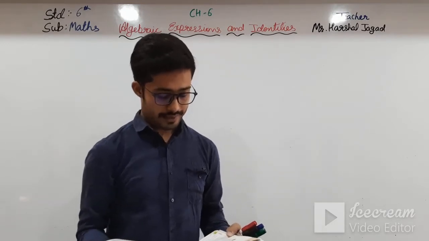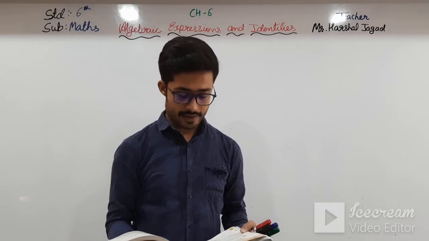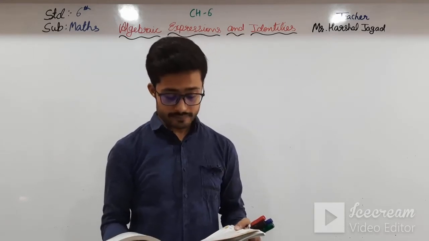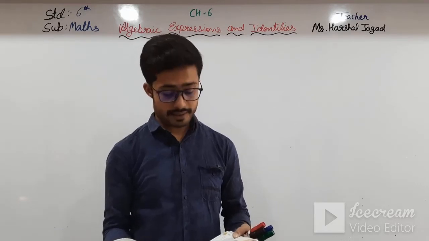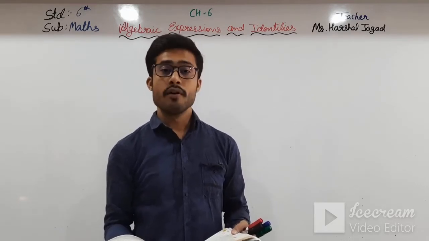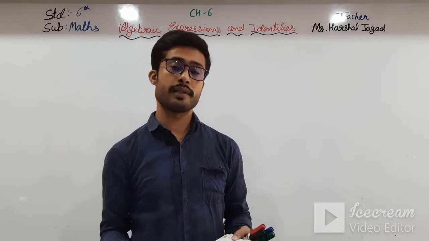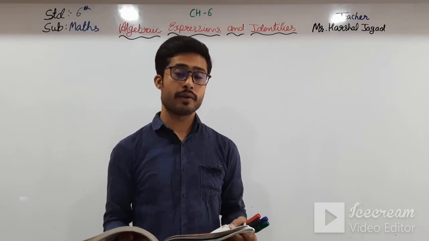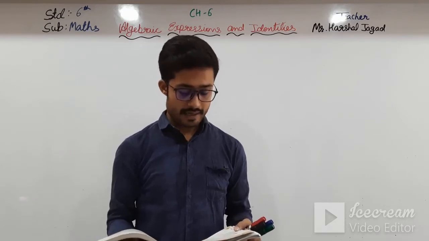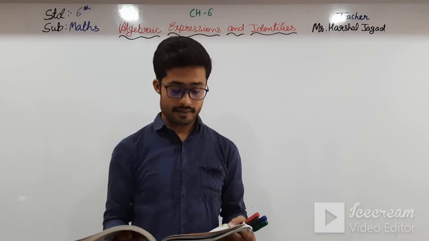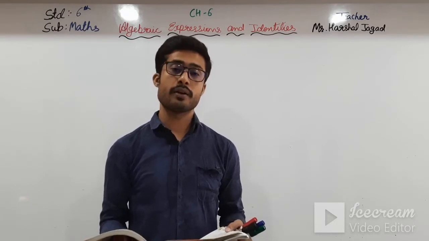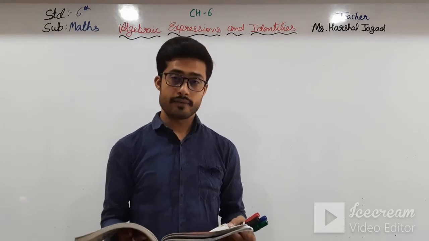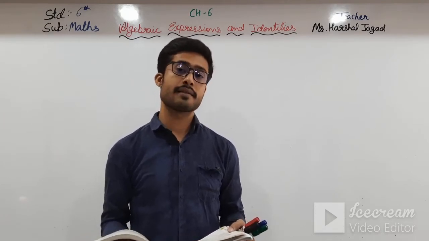Look at the number series 1, 5, 9, 13, 17, 21. See here, 1 is equal to 4 into 1 minus 3, means 4 ones are 4 minus 3. 5 is equal to 4 into 2 minus 3, and 9 is equal to 4 into 3 minus 3. 13 is equal to 4 into 4 minus 3, 17 is equal to 4 into 5 minus 3, 21 is equal to 4 into 6 minus 3.